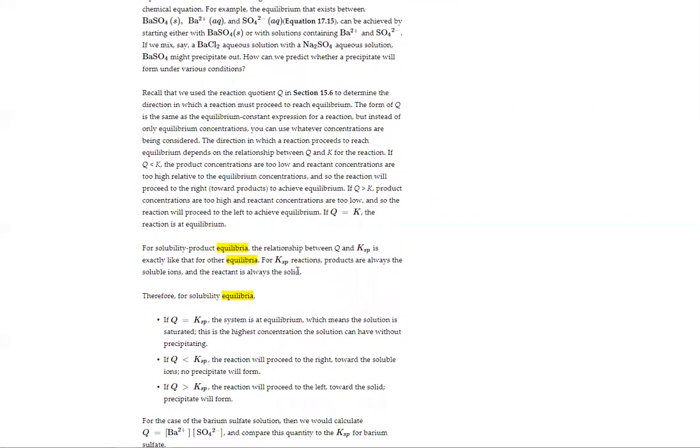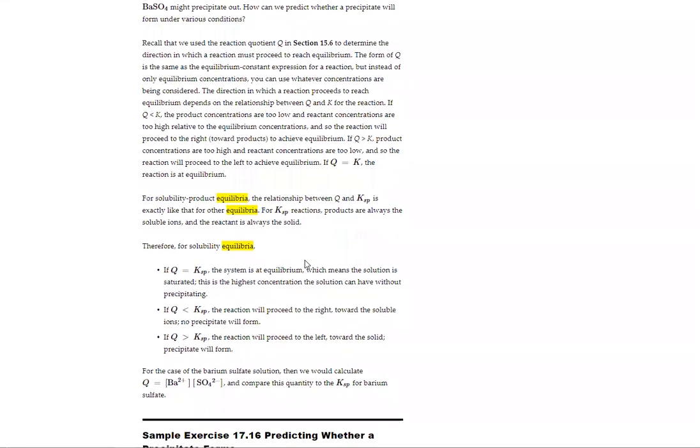For solubility product equilibria, the relationship between Q and Ksp is exactly like that for other equilibria. So again, these are the same rules. If Q equals Ksp, the constant for the solubility product, it's at equilibrium. If Q is less, then the reaction will proceed to the product side, so to the right, because remember, it's products over reactants.